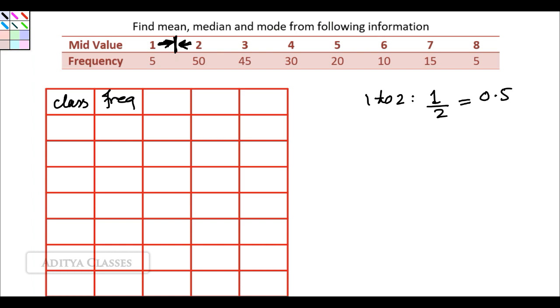Okay. So this 1 will become 1.5 and this 2 coming backwards will become 1.5. Then in next case it is 2 to 3. Again a gap of 1. Let us divide it into 2 so that half distance will be travelled by 2, half distance will be travelled by 3, and incidentally it comes as 0.5 again.